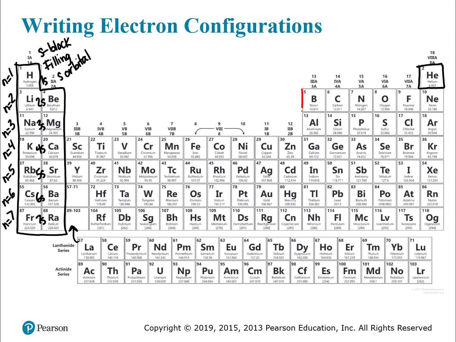We're going to skip over the middle of the periodic table and go to the far right. This is the P block.